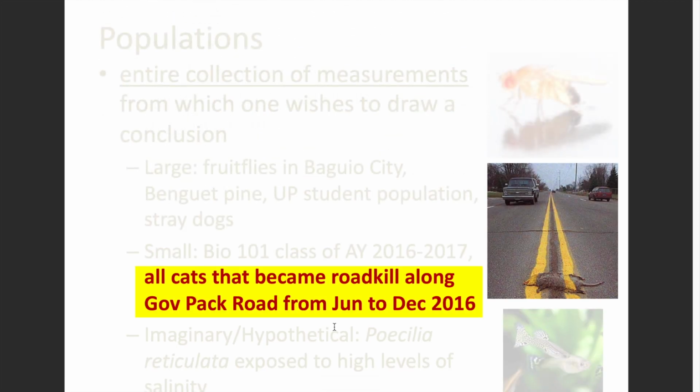Like for the example, the first one, we delimit them by using space: only the cats that died in Governor Pack Road, not the entire national road system of the Philippines. And we also delimit it from June to December 2016, not the entire decade or year. Okay? That's how we delimit a large population, because it is really hard to make conclusions for a large population if you don't delimit them.